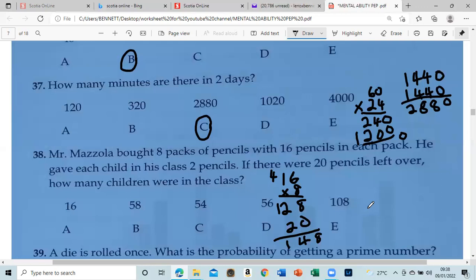However, if there were 20 pencils left over, how many children were in the class? Still doesn't make sense to me. So he gave out 148. So we have to divide this by 2 to find out how many.